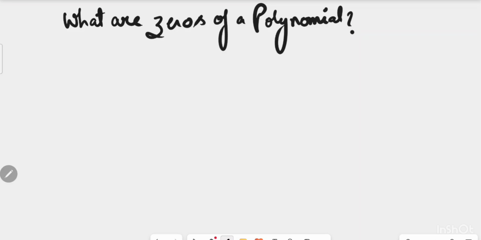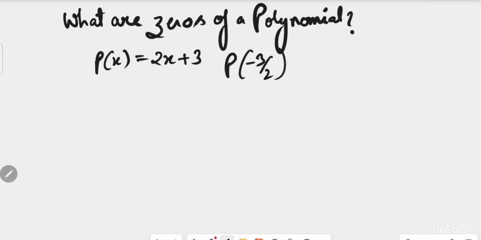A zero of a polynomial is a value of x for which the polynomial becomes 0. For example, we take any polynomial 2x plus 3, and p of minus 3 by 2 equals 0.